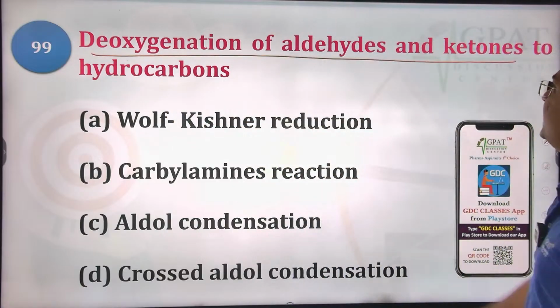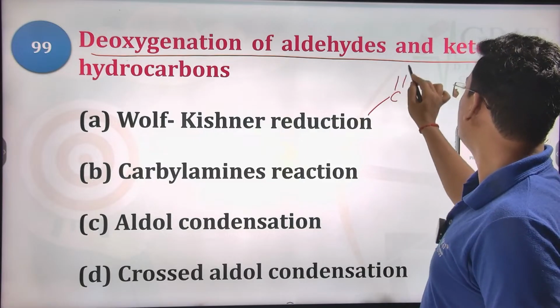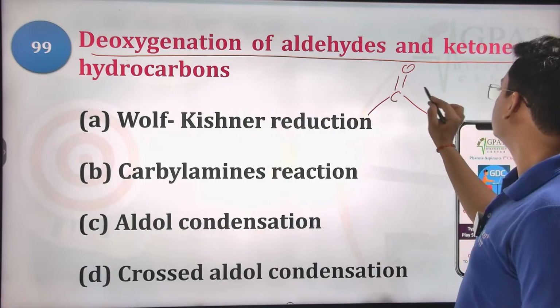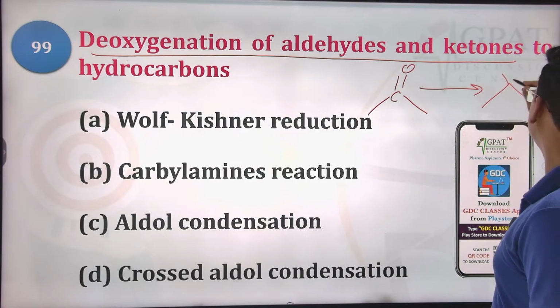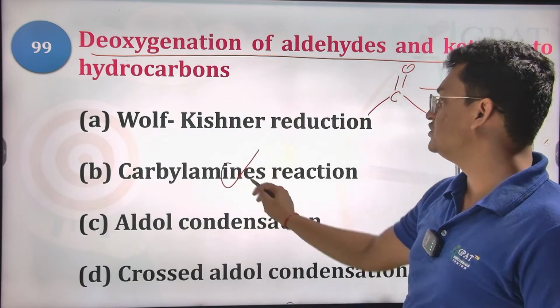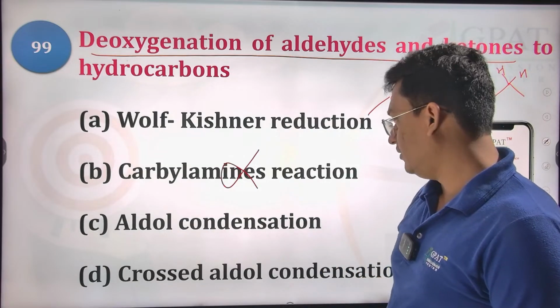Deoxygenation of aldehydes and ketones to hydrocarbons. We have carbonyl compounds, which could be aldehydes or ketones, and deoxygenation converts them into hydrocarbons. Carbylamine is not possible, as it is for primary amines.